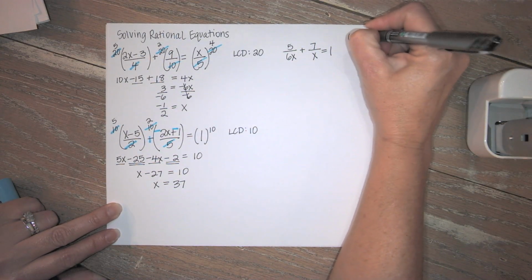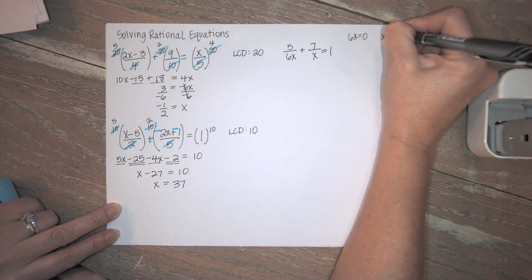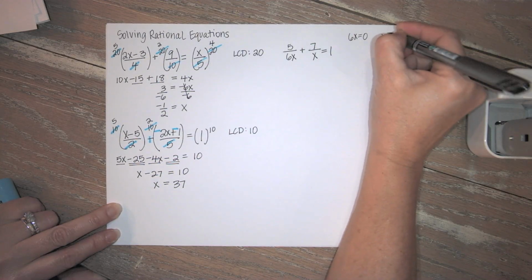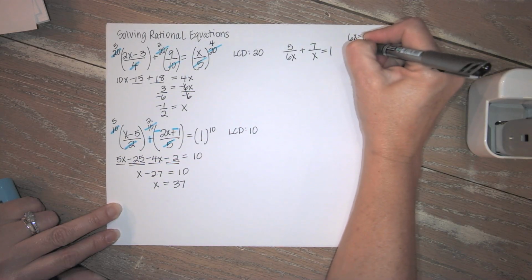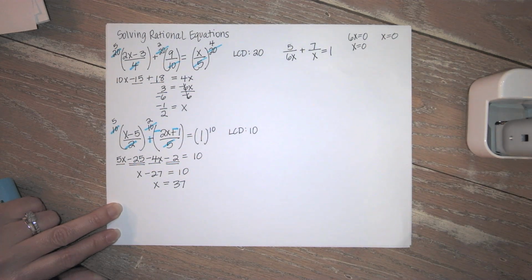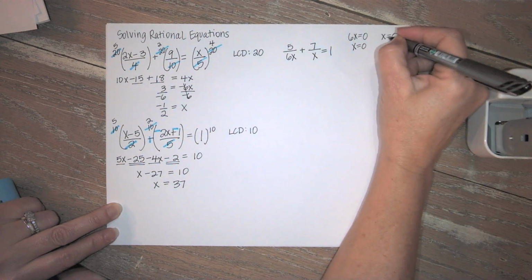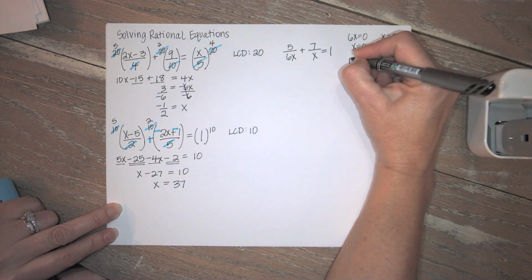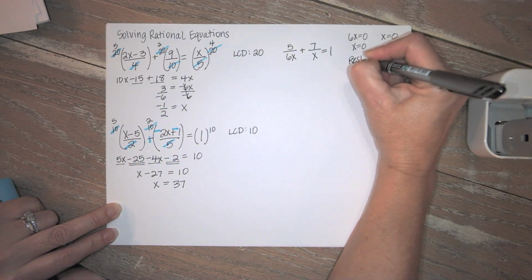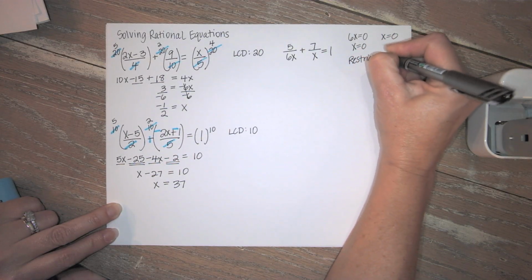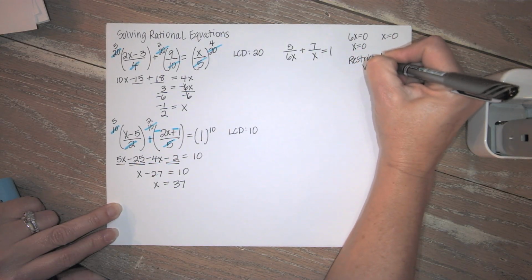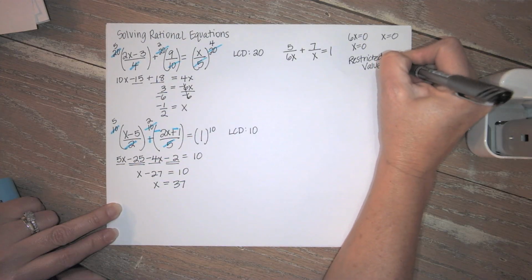If we set our denominators equal to 0, that one's already solved, and this one, if we divide by 6 on both sides, would also be 0. Then what this is telling us is that we have a restricted value for x, and x is not going to be able to be equal to 0.